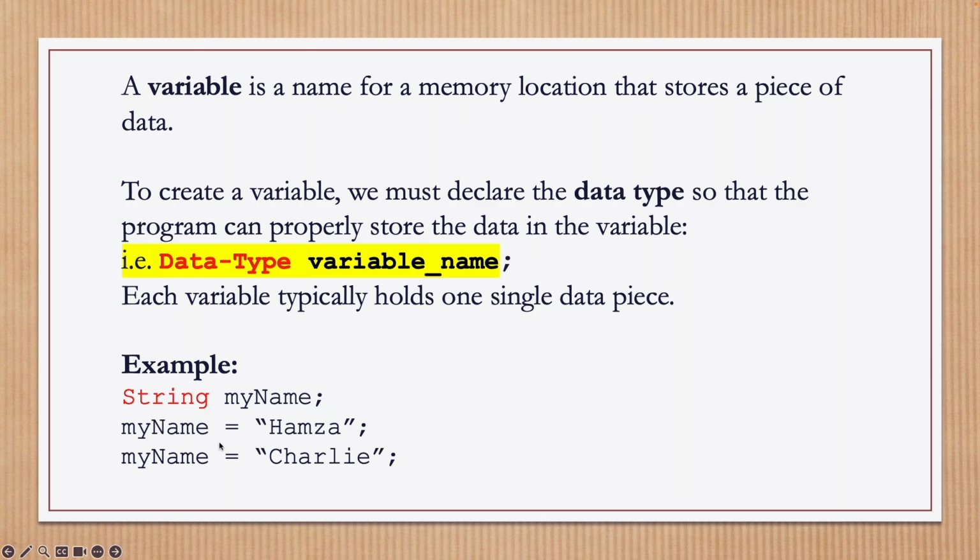So after running this code, the value that myName will be holding is actually Charlie. Although it was initially assigned Hamza, this value is replaced by Charlie, which was assigned to myName later. So as you can see, this variable myName can only hold one piece of data.